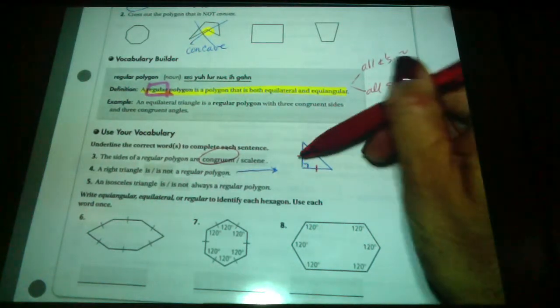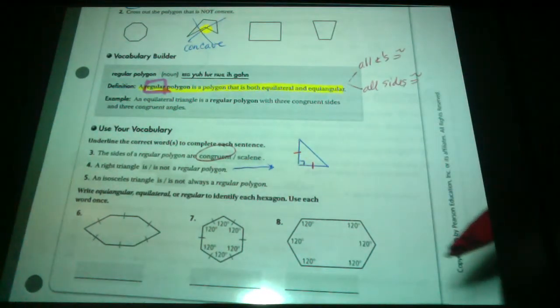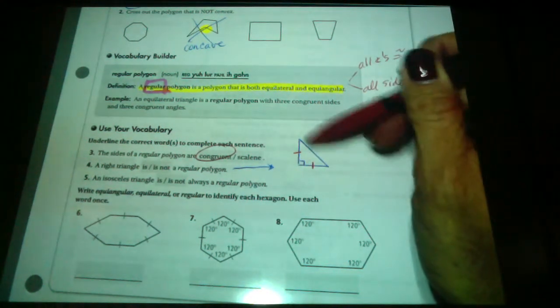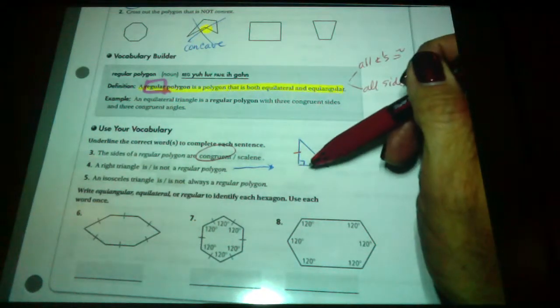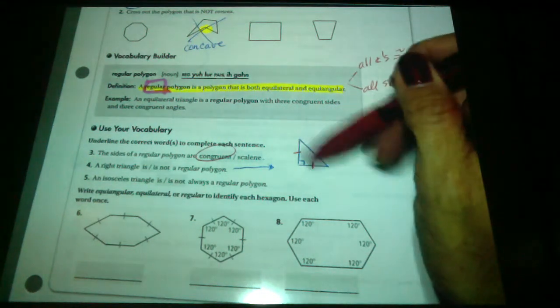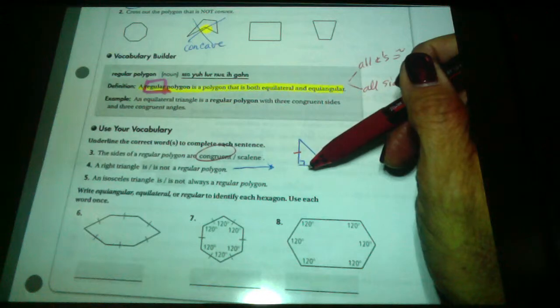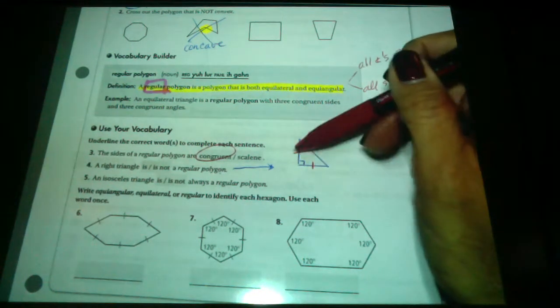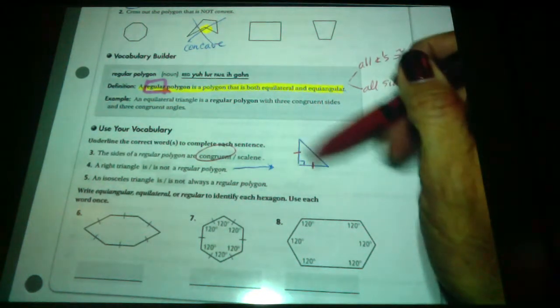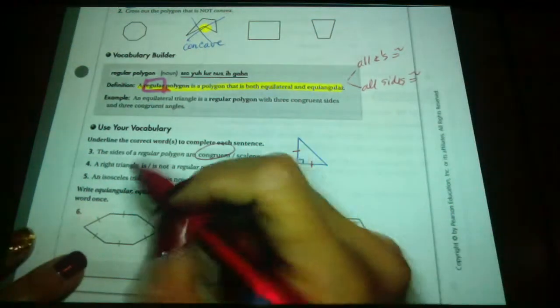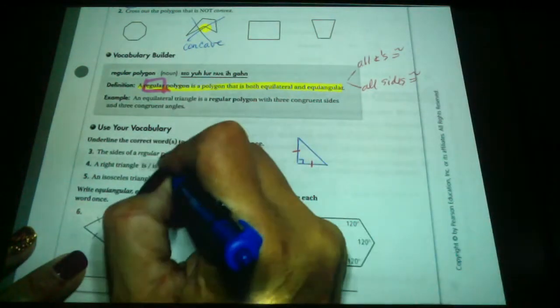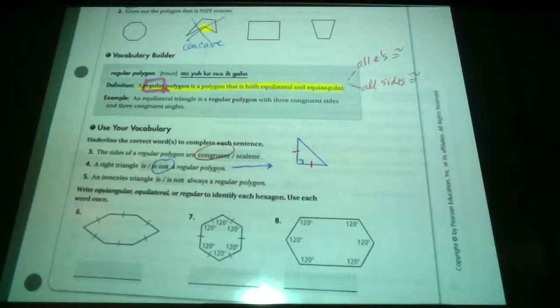Can the hypotenuse be equal to those sides? No? Why? The hypotenuse is always the longest side of the triangle. So it is impossible for all 3 sides to be equal on a right triangle. At most, you can have 2 sides equal, in this case, an isosceles right triangle. So your answer to this one is not a regular polygon.